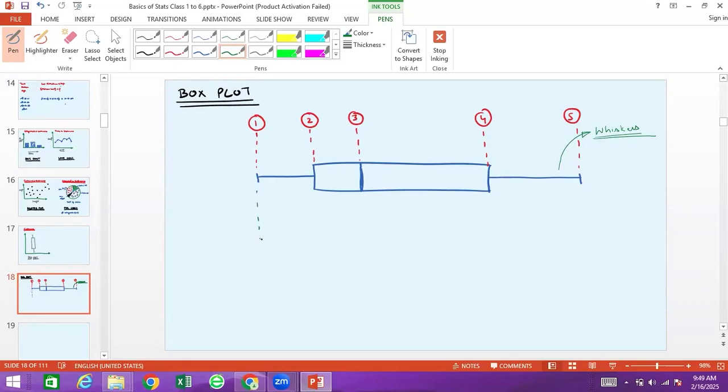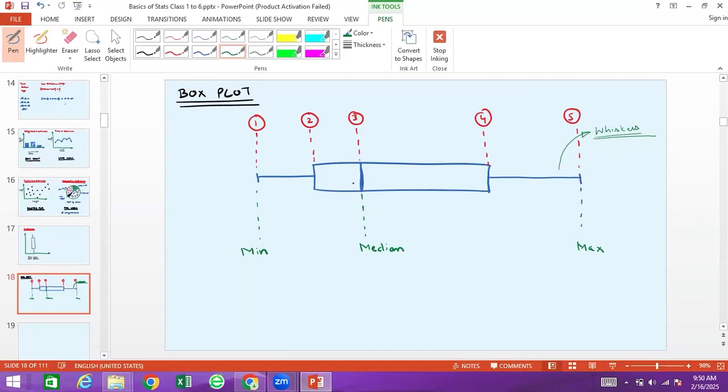The first point that we see over here is the minimum value of that variable. This middle value is the median value. This last one is the maximum value. I believe out of these 5 points, you already know 3: minimum, maximum, and the median.